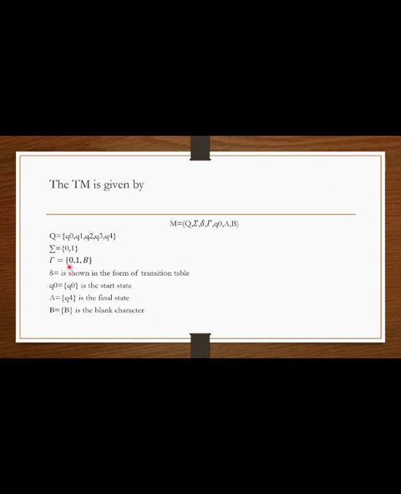Then Γ is the tape symbols, which are 0, 1, B. δ is shown in the form of the transition table. Q0 is the start state. A = Q4, which is the final state. B is the blank character.